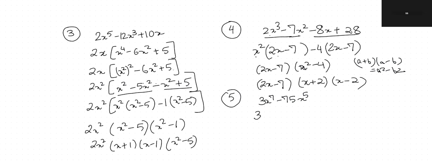And we can factor the least power of x also. So it is 3x^3. So remaining is x^4 minus 25. Okay. Again, we'll apply the a squared minus b squared formula. So this would be a plus b, a minus b. So 3x^3, x squared plus 5, and x squared minus 5. Okay.